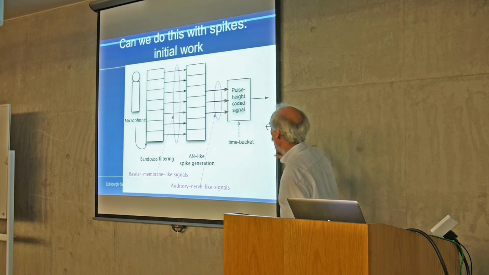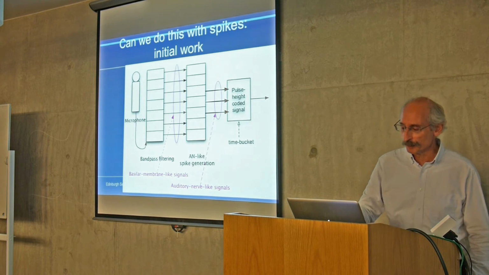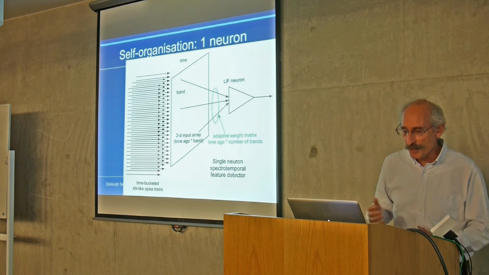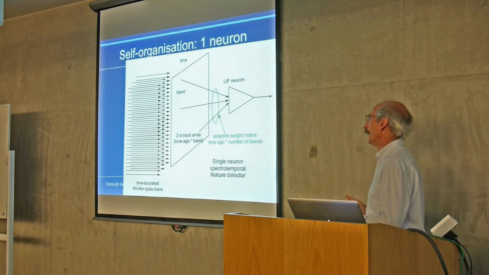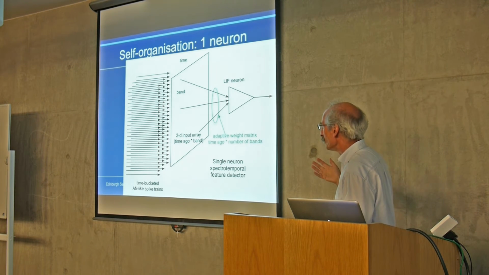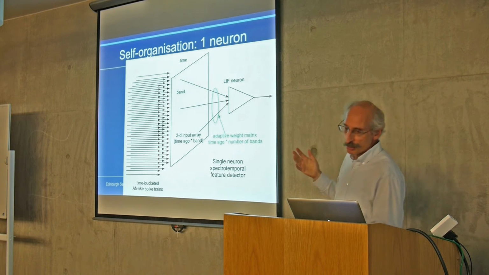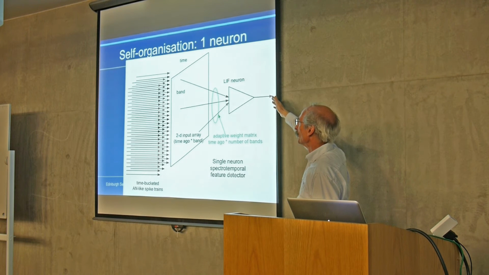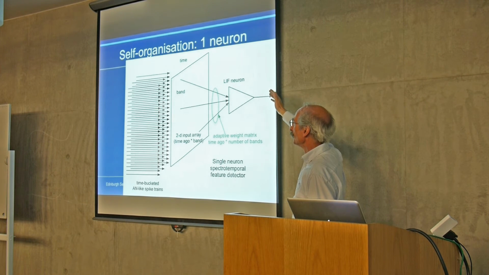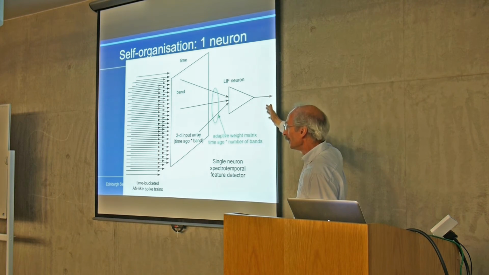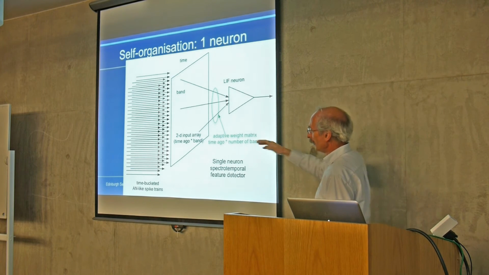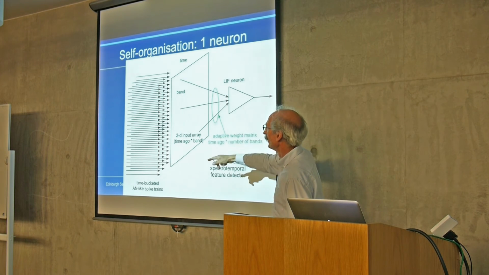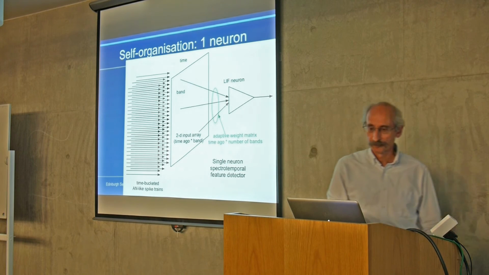So I'm recoding them into maybe 1 millisecond time buckets or 2 millisecond time buckets, and then I'm using a kind of standard technique to train up a neuron to pick out the strongest characteristic statistically from that input. But that input is over time, and over frequency band.